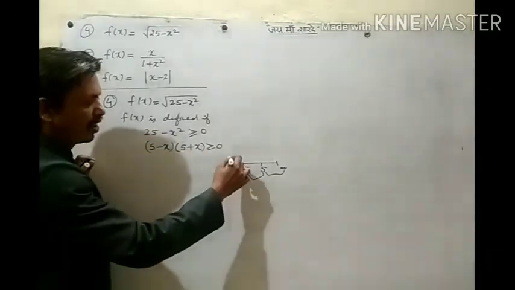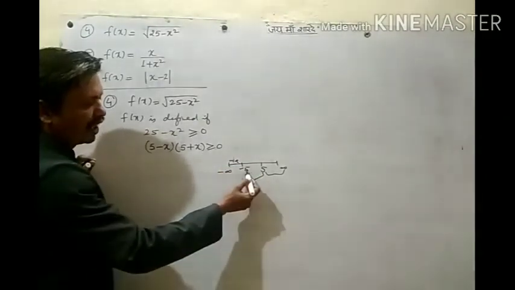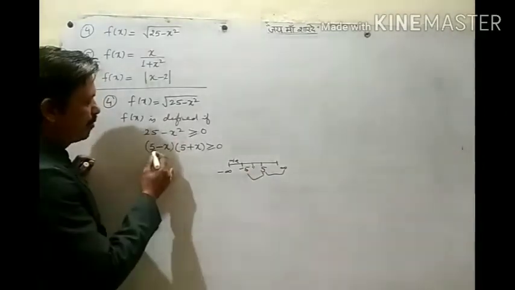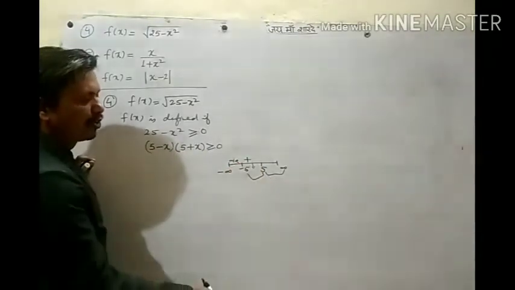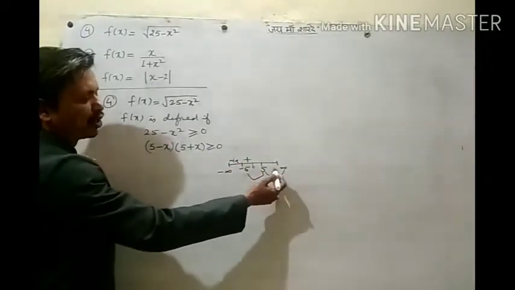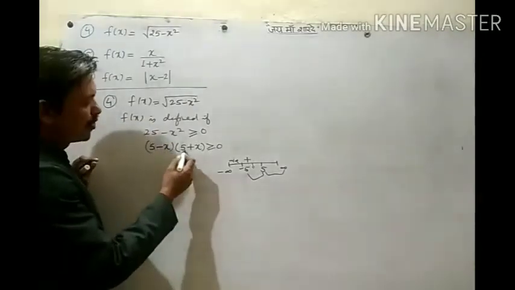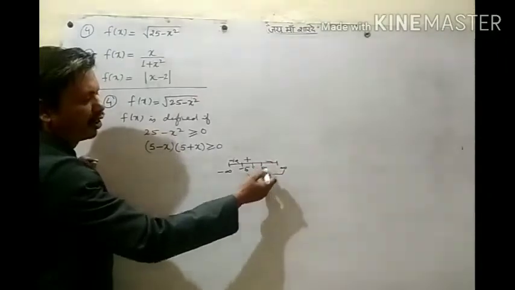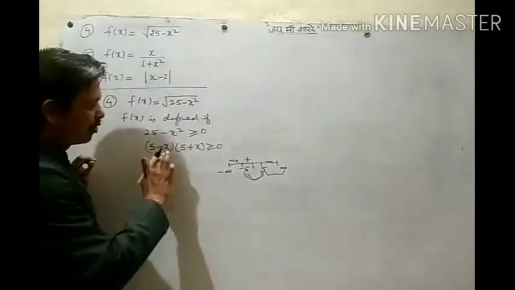If you take from this group minus 5 to 5, any number, suppose 0, 5 minus 0 positive, 5 plus 0 positive, so it will give positive value. Then after this, more than 5, suppose 6, 5 minus 6 negative value, 5 plus 6 positive value, so you get negative value. So if we take values of x from this group, then only we can get positive value.